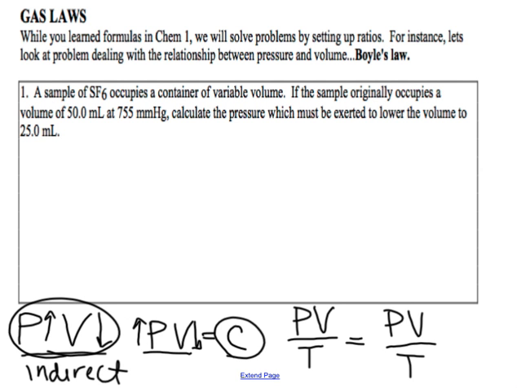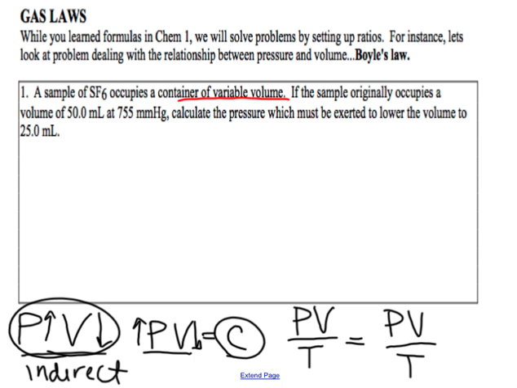So when we're doing this, I'm just going to kind of tally what information I'm given from my problem. So in this first one, it says a sample of SF6 occupies a container of variable volume. What does that mean, a container of variable volume? The volume can change. So give me an example of a container with variable volume. A balloon, plastic bag, things like that, right?